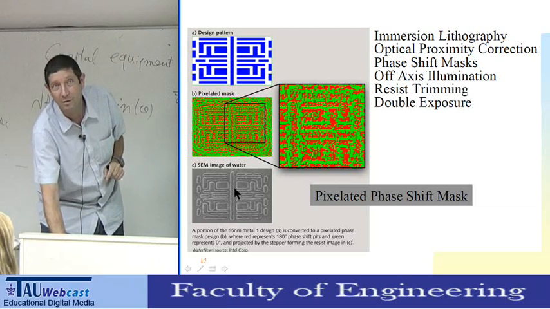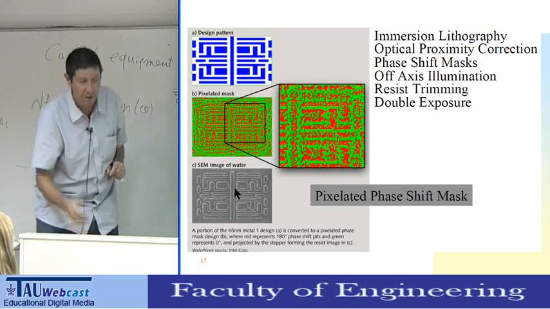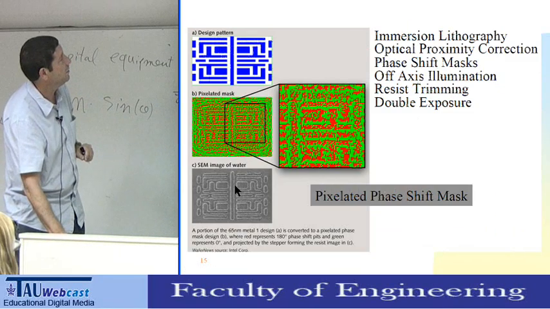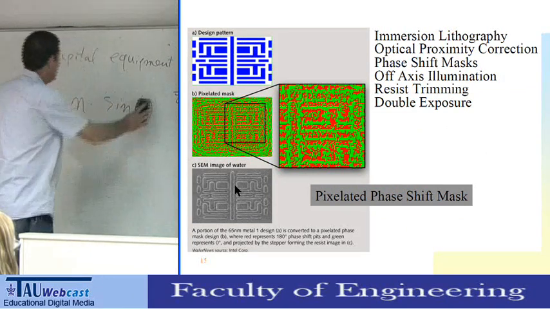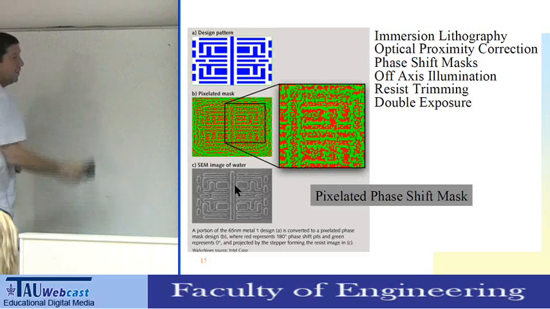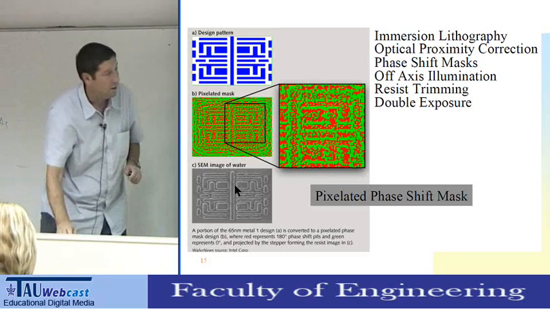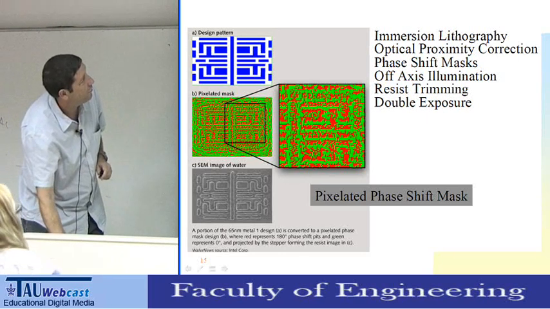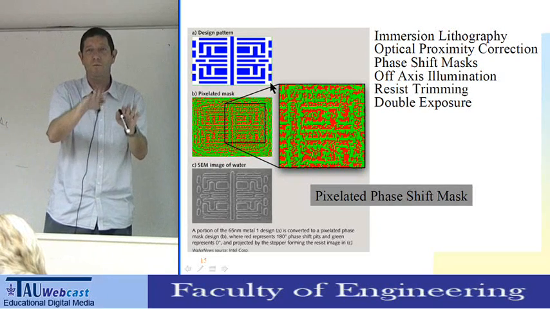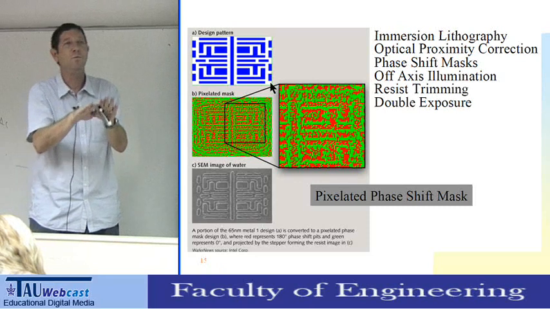It is much, much better. I should remind you what a phase shift mask is. A phase shift mask is a mask where I can change the phases in certain positions to improve the image.